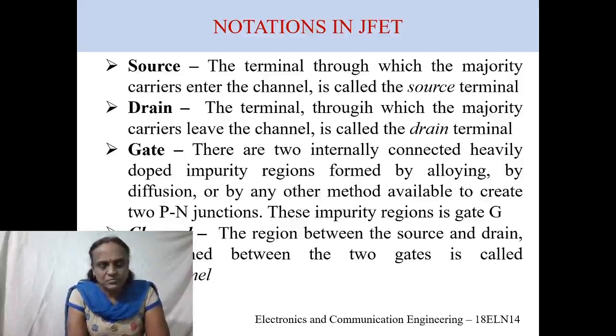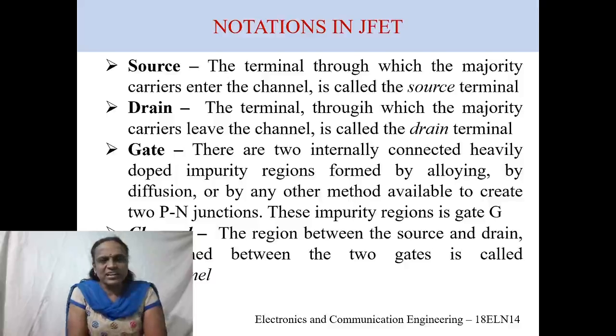Okay, the channel is a path where the current can flow only when the JFET is activated. The region between the source and the drain, sandwiched between the two gate terminals, is called the channel, as I have told you, and the majority carriers always move from source to drain through this channel.